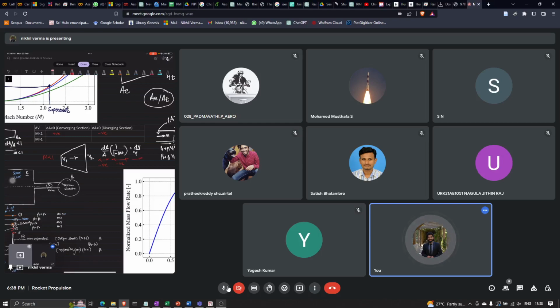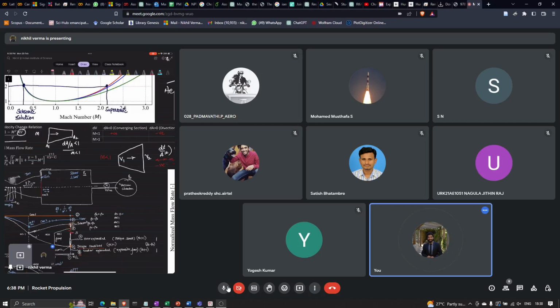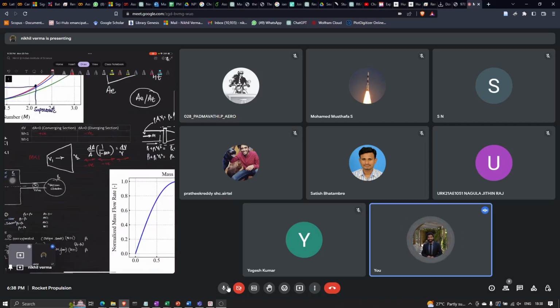So this is negative, this is negative, so this will be positive, greater than one. Am I making a mistake? Mach number greater than one, converging section. It should decrease now. This is negative.